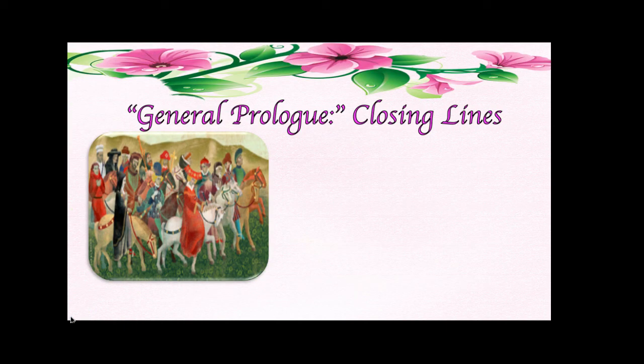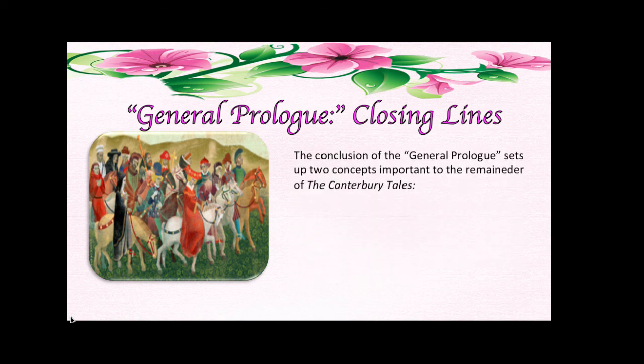And let's make a couple of points about the closing lines. While the closing lines of the General Prologue certainly don't demonstrate the layers of irony that we see in the opening lines, they are important because they establish at least two principles that carry through and dominate the tales. First, Chaucer establishes himself as a straightforward reporter of the tales that are told by the pilgrims.